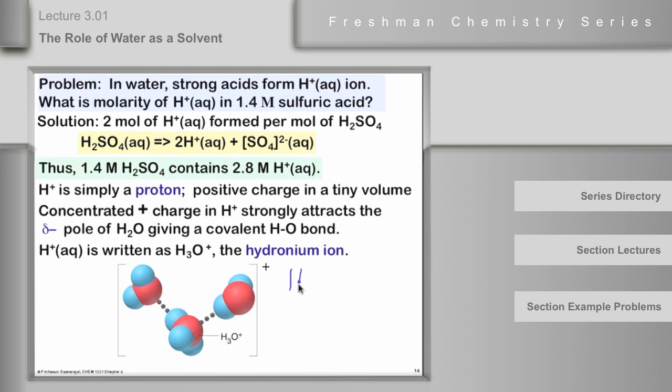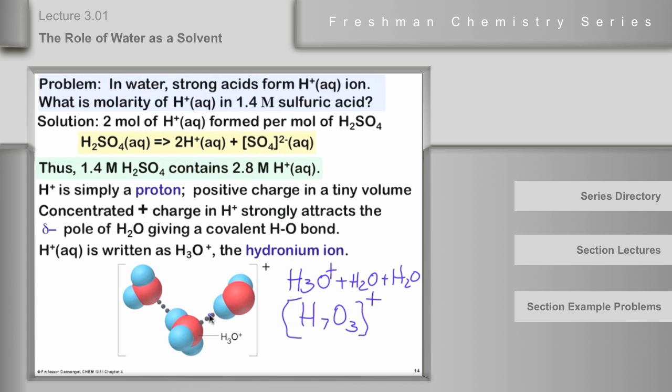So it's H3O+, H2O, plus H2O. So it has 3 oxygens. It has 7 hydrogens. So it's [H7O3]+. I'll put brackets around it since it's a complicated ion. Okay, that's one representation of a proton in water.